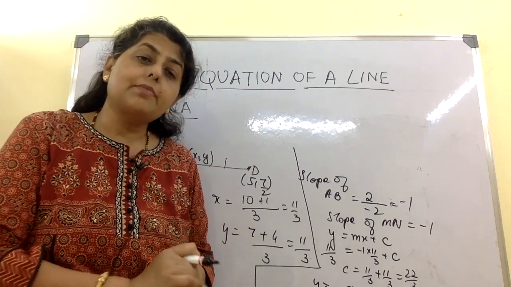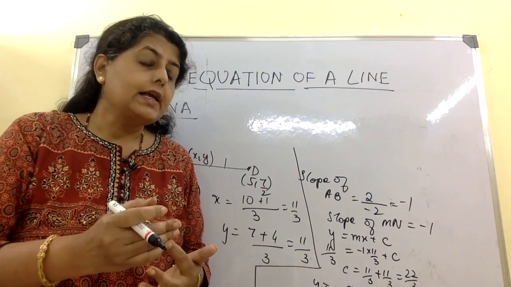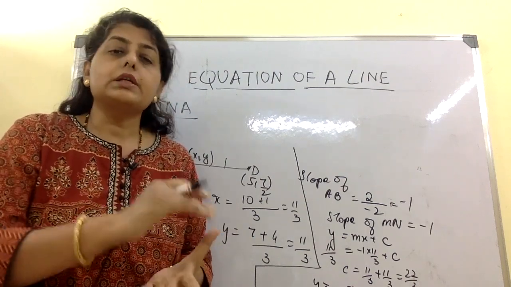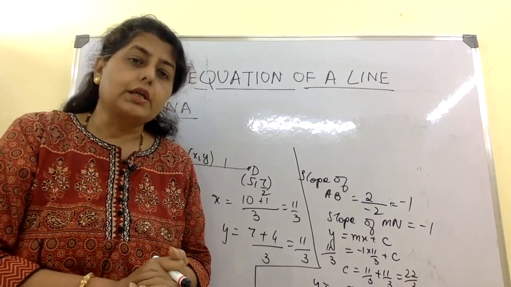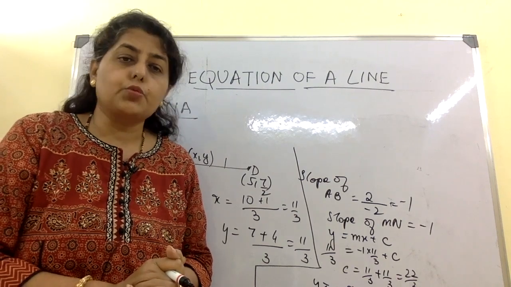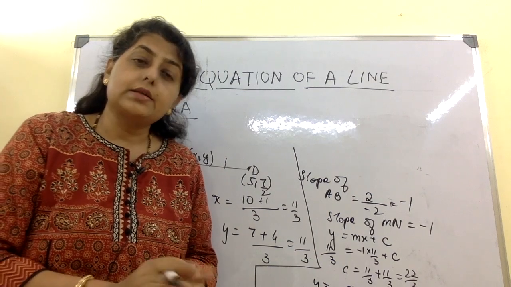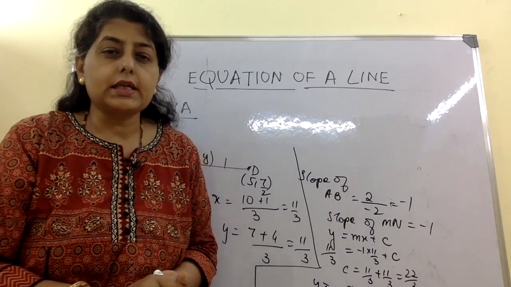With the help of m and the point, y, x and m are substituted and we get c, and then we substitute c and m back in the equation. We also have to remember that when two lines are perpendicular, the product of their slopes is minus 1, and when two lines are parallel, their slopes are equal. So that is it from exercise 14C.